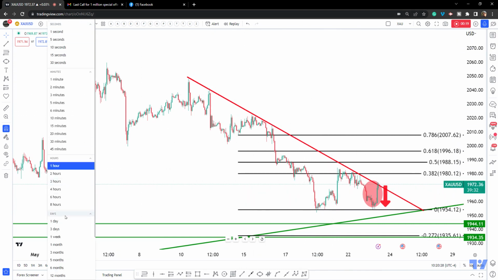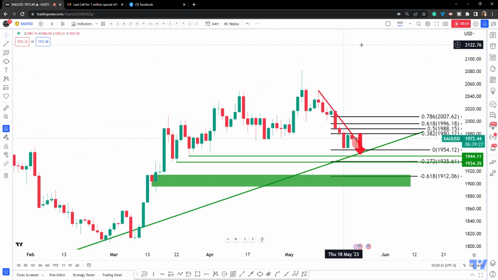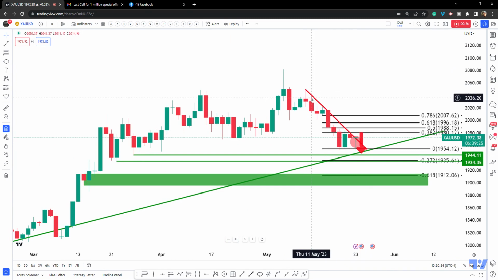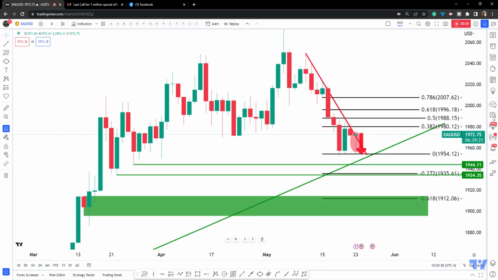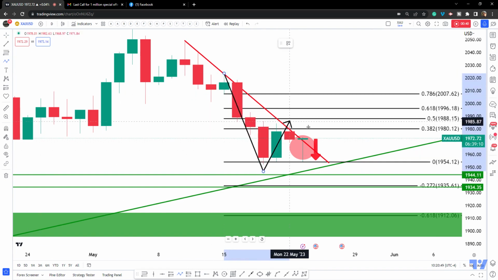If we zoom out to the daily chart, we can see that the price has made a 38.2 retracement on this bearish leg. So we've come down, we've come up into the 38.2 area on this candle and proceeded to move lower.